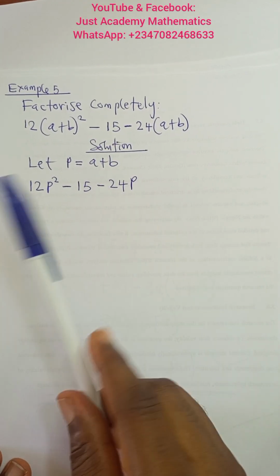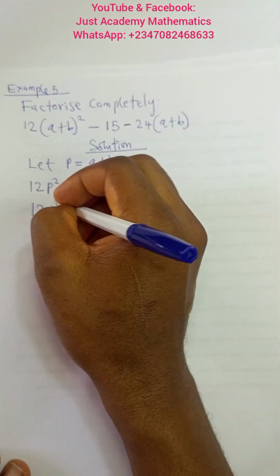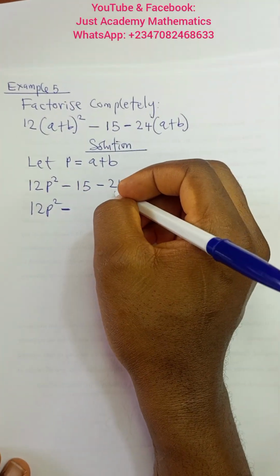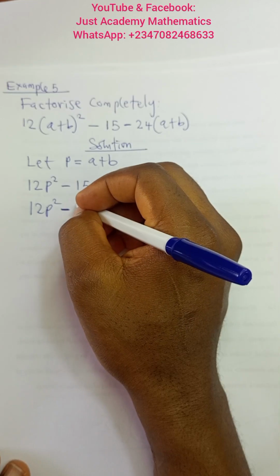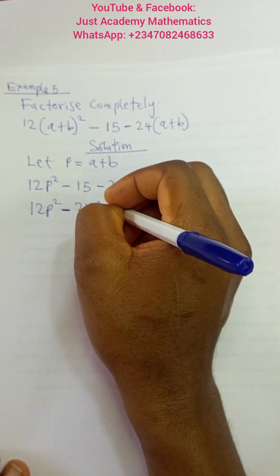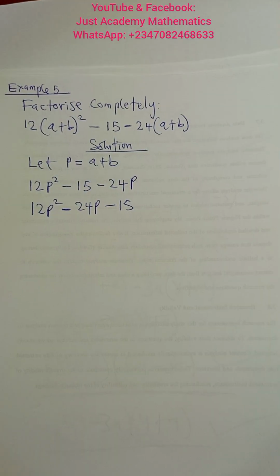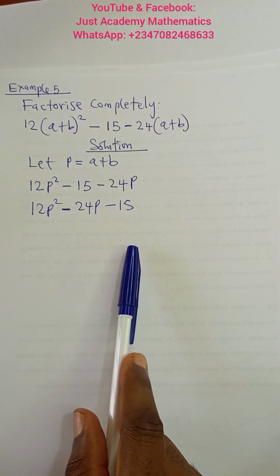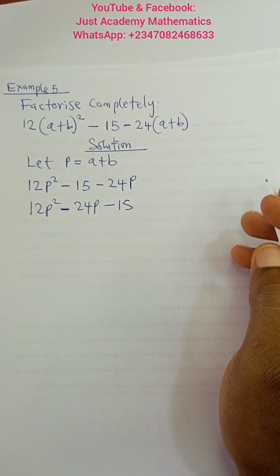Are you getting it now? If you rewrite it, it will give you 12p squared minus 24p minus 15. So what we need to do now, you know the rule of factorization, is look for two numbers that add to give us minus 24.